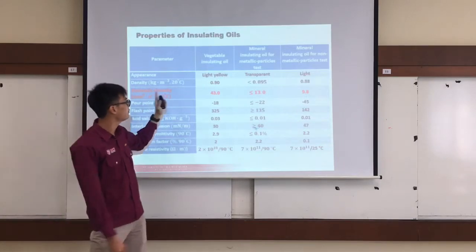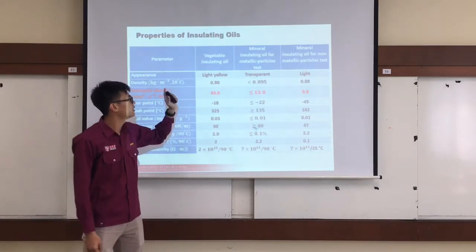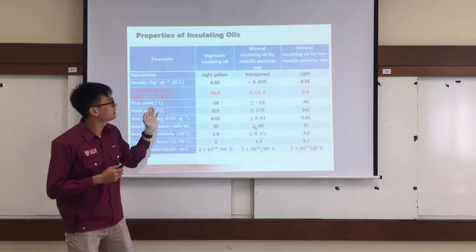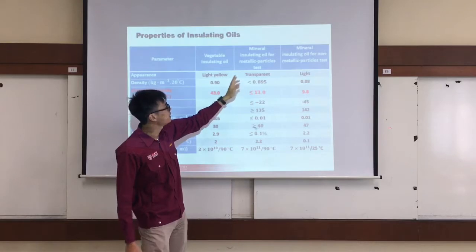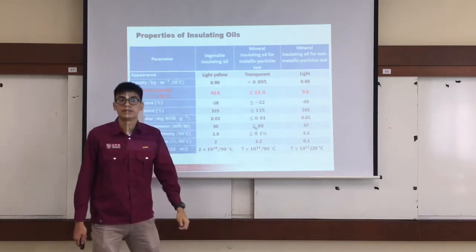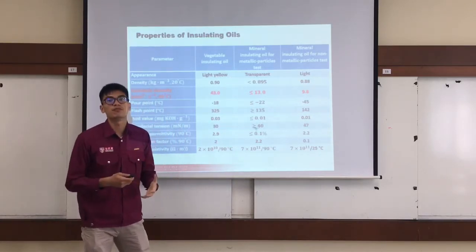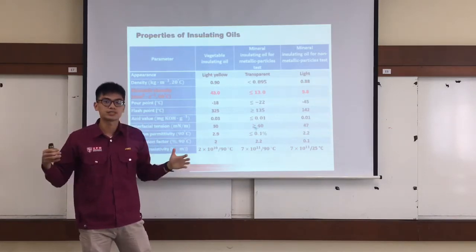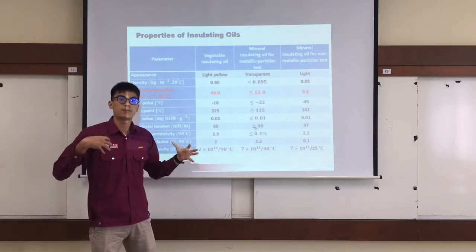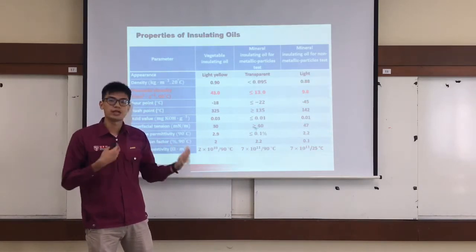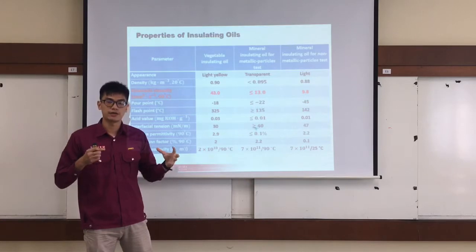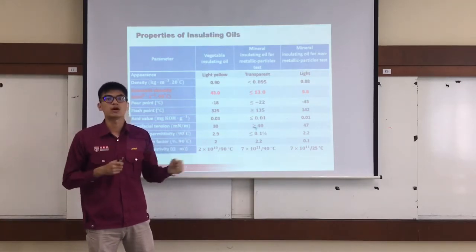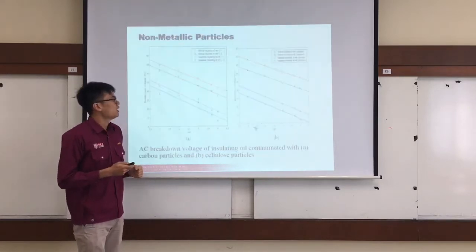It shows that the high viscosity in vegetable oil exhibits this kind of property, whereas the low viscosity level in mineral oil increases the movement of particle charge. As the movement of particle charge increases, it produces gas bubbles between the electrodes, and when all these gases bridge together, breakdown will occur.